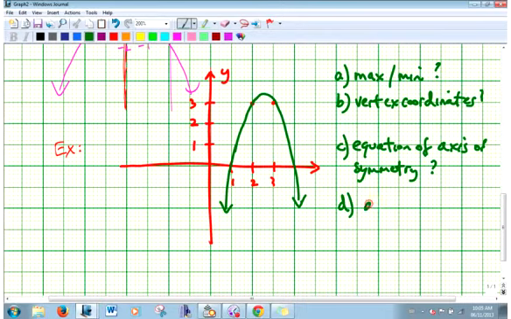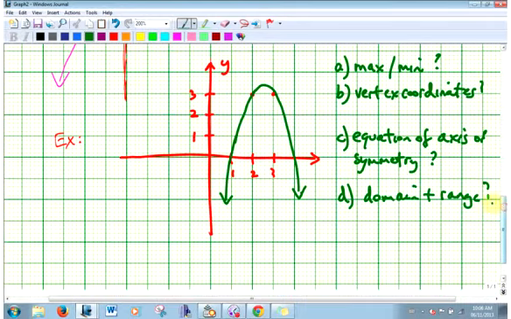D, domain and range. I haven't talked about this yet. What's the domain and range of this? I'm going to remove that. That's it, A to D. I got green on green. I didn't notice that until I looked here. It's almost the same color, isn't it? Here it looks quite a bit differently shaded.